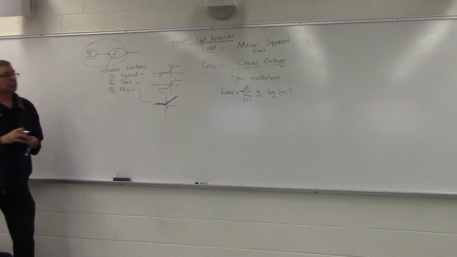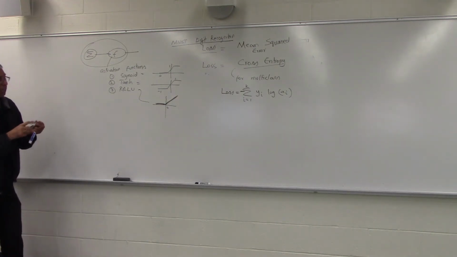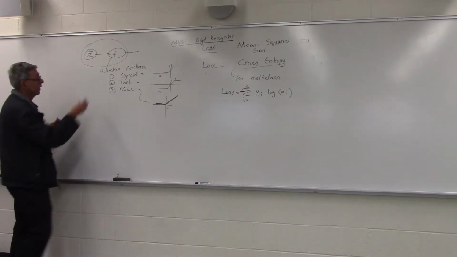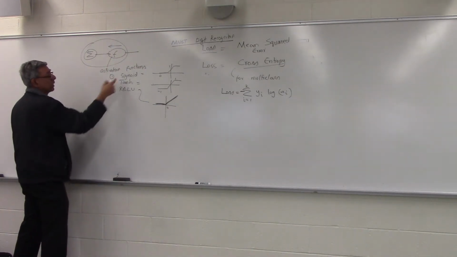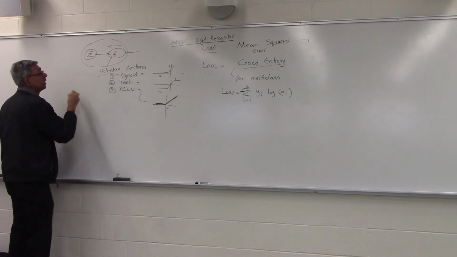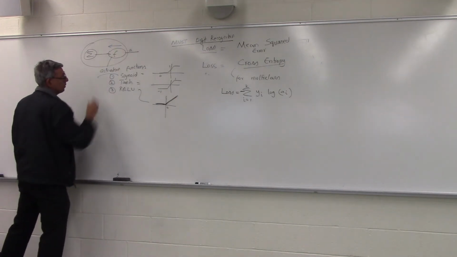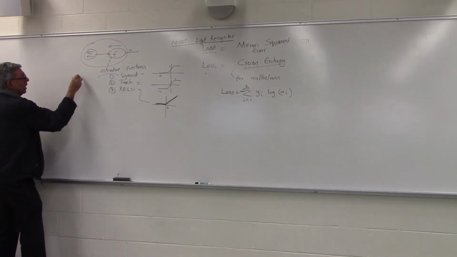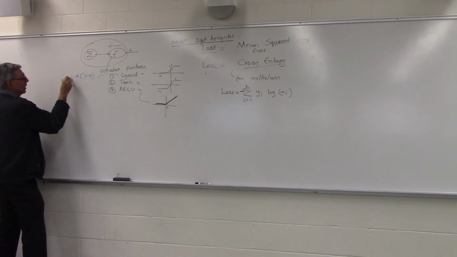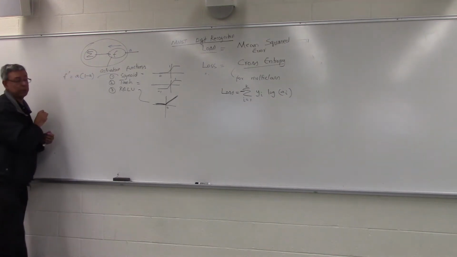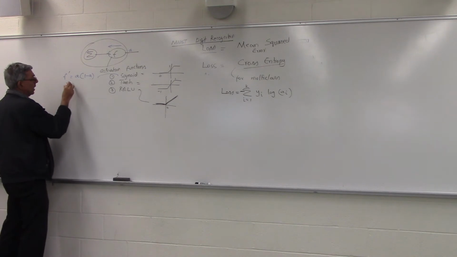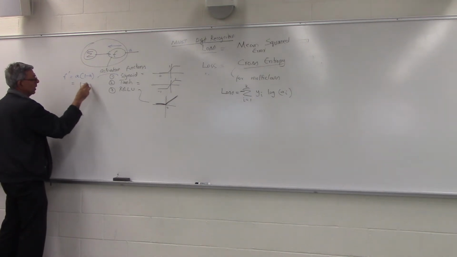Okay. So as we are doing the backpropagation, obviously we need to know the derivatives of these. So for example, what was the derivative of the sigmoid? If a is the actual output, a times 1 minus a will be the f prime for the sigmoid. For the tan hyperbolic, same thing, right?